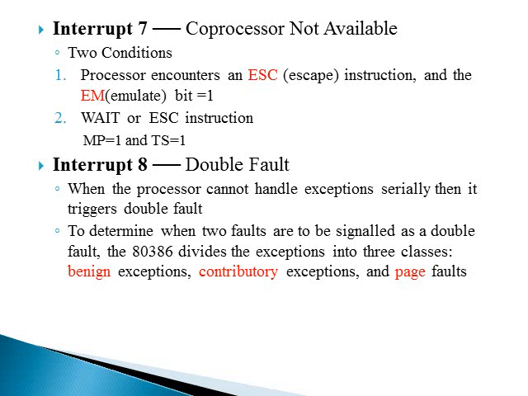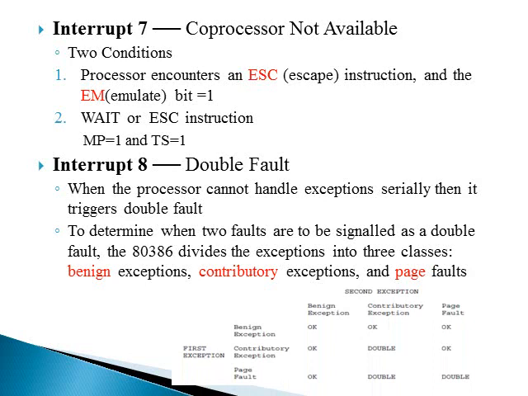To determine when two faults are to be signaled as a double fault, the 80386 processor divides the exceptions into three classes: benign exception, contributory exception, and page fault exception. As you can see in the diagram, if the first exception is a page fault, and while the processor is handling that exception another page fault exception arises, then it reports a double fault exception.